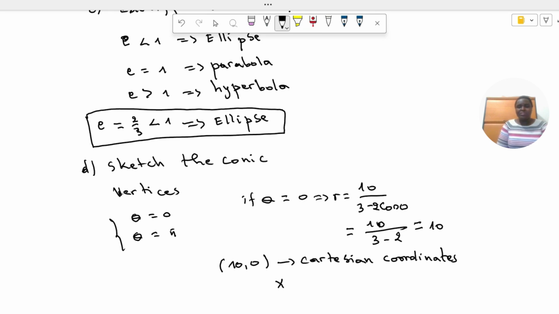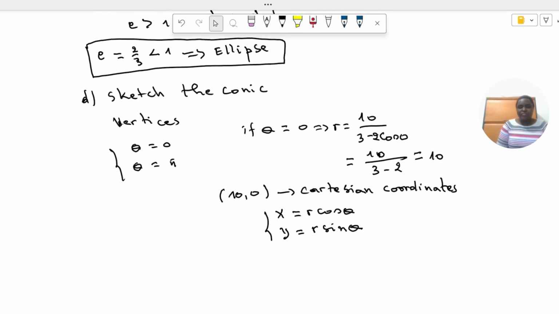What we have to do is to use this relation: x equal to r times cosine of theta, and y equal to r times sine of theta. This is the formula that we use to transform polar coordinates into Cartesian coordinates. So having this polar coordinate 10, 0, x will be equal to r, which is 10, times the cosine of 0, and y will be equal to 10 times the sine of 0.